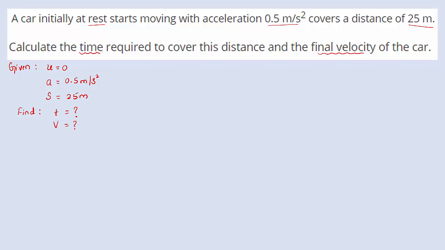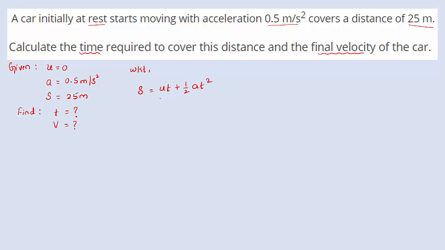First we have to calculate the time interval. See here, we want time. s is given, a is given and u is given. So we can use the third equation of motion, that is s equal to ut plus half at square. This is the suitable equation because s is given, u is given as well as a is given.